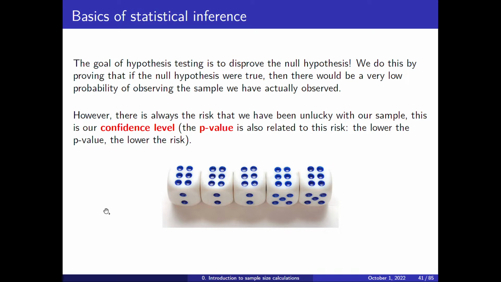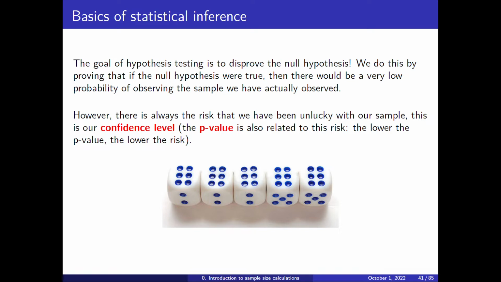For instance, let's say that our null hypothesis is that all dice are fair, so they are not biased towards any particular face. And we have observed 5, 6 in a row.